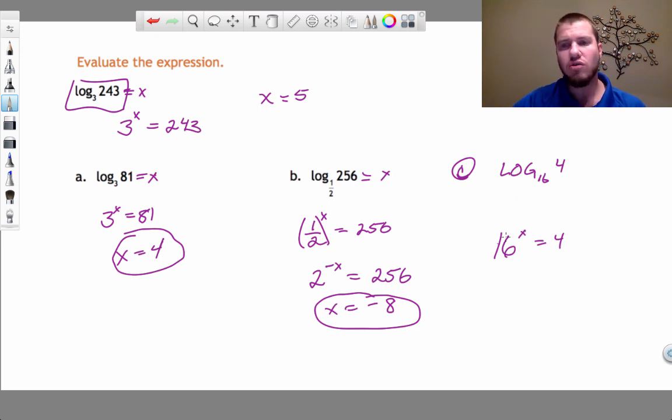What I can do to 16 to equal 4 is take the square root. And a square root as an exponent is 1/2. So 16 raised to the 1/2 means the same thing as the square root of 16, which equals 4. So 1/2 is what log base 16 of 4 is equal to.